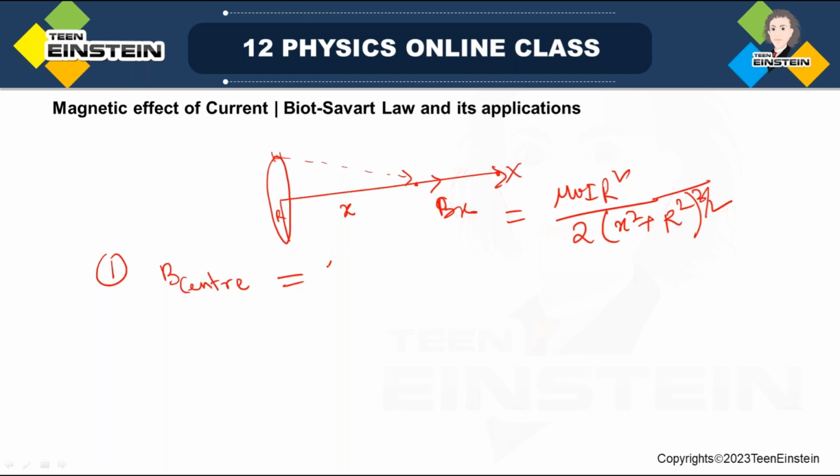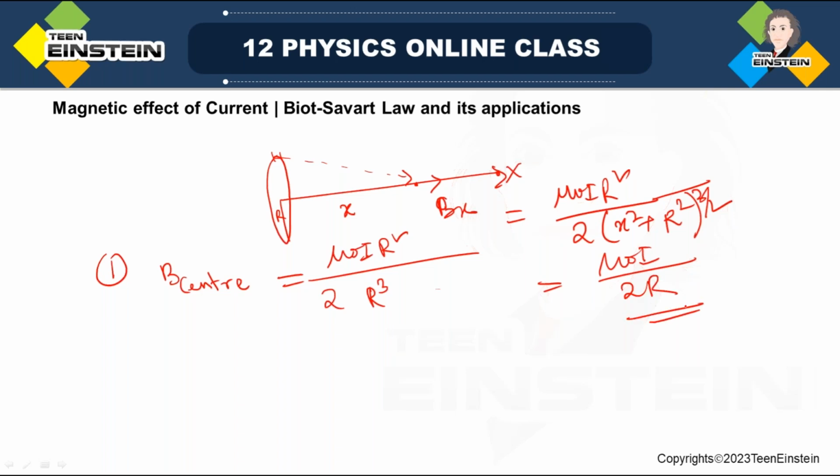So we get mu 0 I r square divided by 2 into r cube, so mu 0 I by 2 r. This is at the center. Or if there are a number of turns, then we have to multiply by the number of turns also.